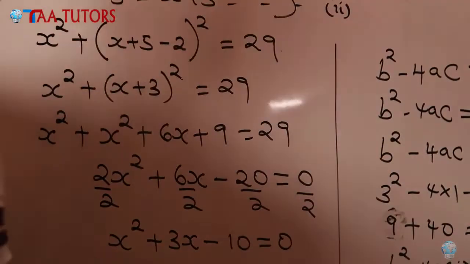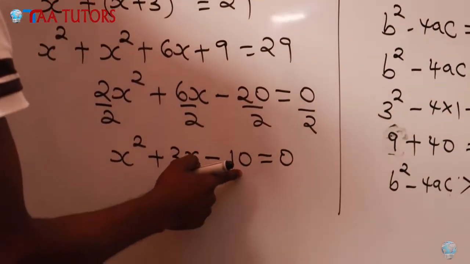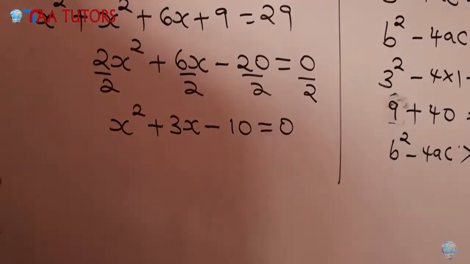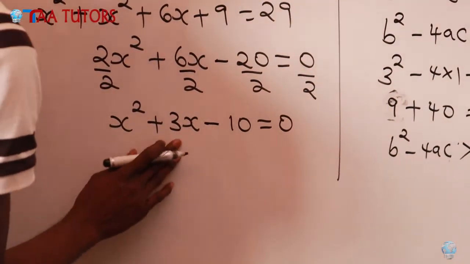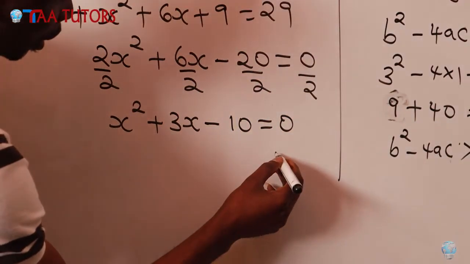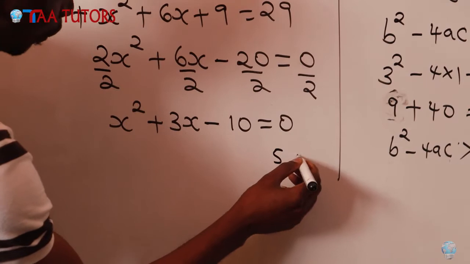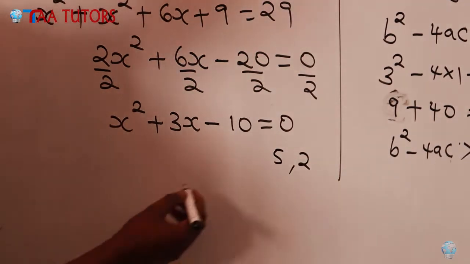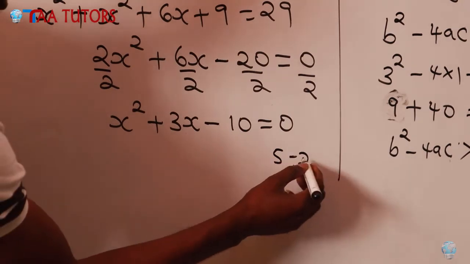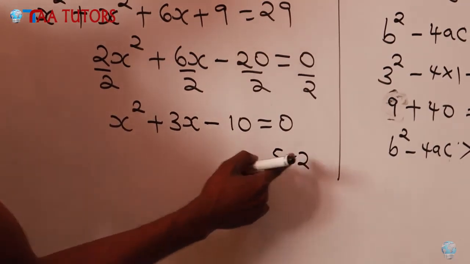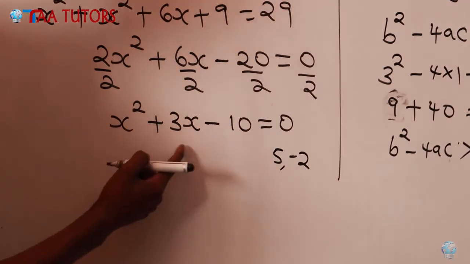So let us see: 2 numbers that if we multiply, we get negative 10, and if we add, we get 3. Which numbers are those? We have 5 and 2. The bigger one is positive, the smaller one is negative. If we add, we get 3, and if we multiply, we get negative 10.